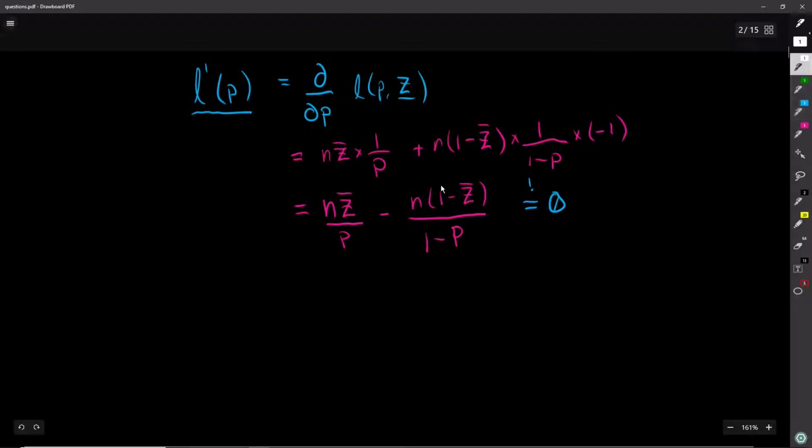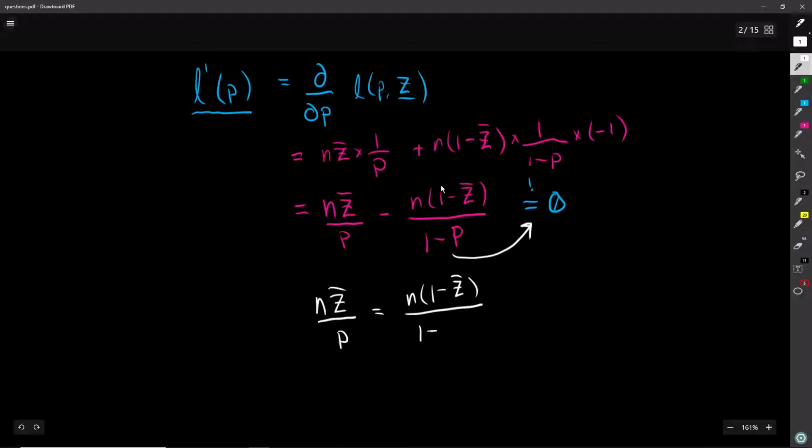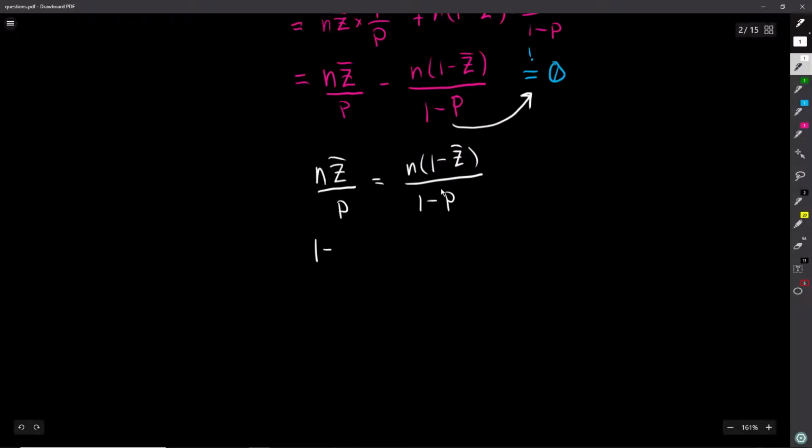Okay, and so to do this, we're going to bring this term over to the other side and start trying to isolate for p. Okay, so doing that gives us nz bar over p equals n times 1 minus z bar over 1 minus p. Now what I'm going to do is multiply by the 1 minus p, bringing it to the other side, and I'll divide by this n z bar at the same time so that we can write 1 minus p over p equals n times 1 minus z bar over nz bar.